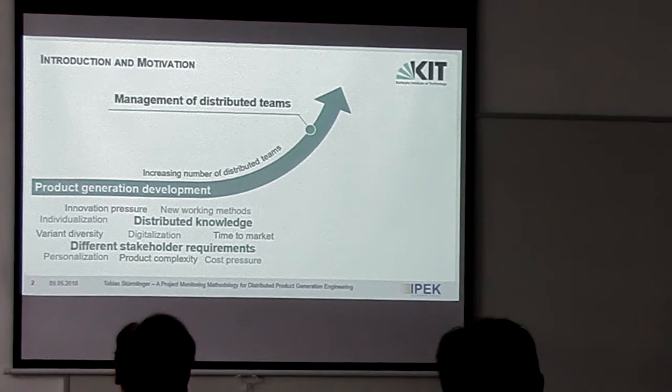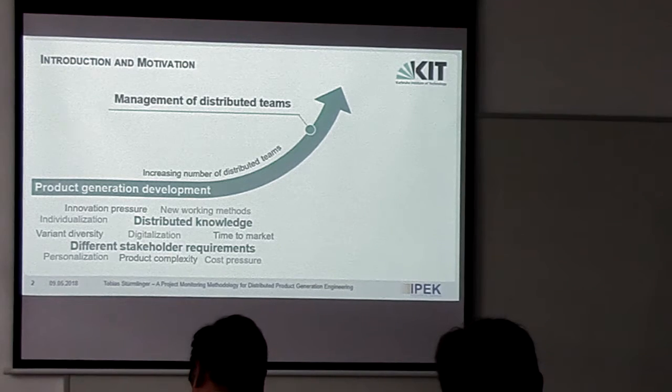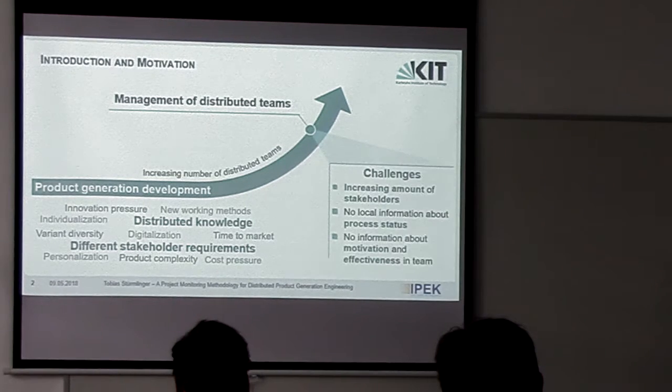And there are hard challenges how to manage those teams because the usual methods that you can do with a local team don't work here, or they are not sufficient.